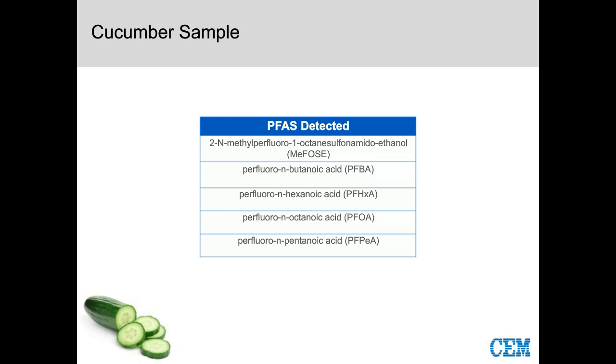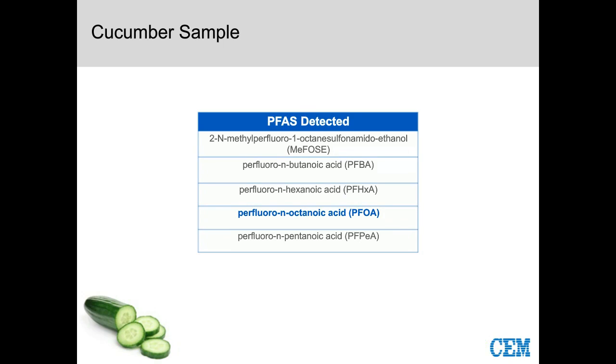All that these were is above the detection limit, so we saw that they were present, okay? And we certainly did run blanks beforehand and blanks after to prove that indeed this is coming from the sample. I do want to note that PFOA, one of those ones of concern, is one of the ones that we detected in this particular sample.